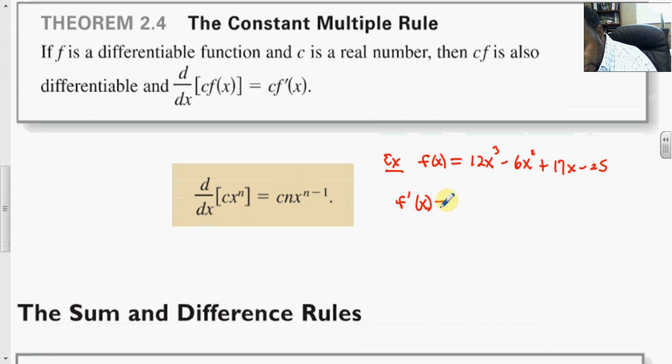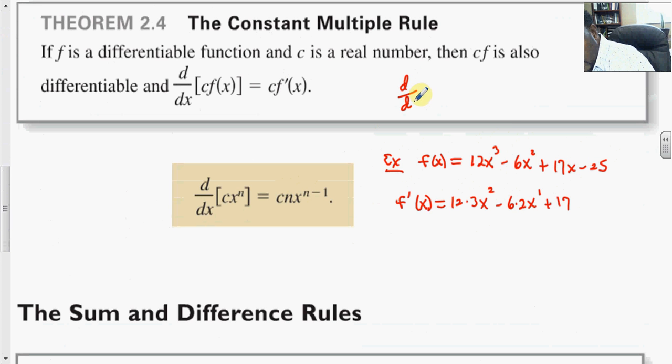So f prime of x is the 12, which is held fixed, that's what they're saying here, times the 3, based on the formula, times x to the 3 minus 1, which is 2, minus 6 times the 2 times x, and this is 2 minus 1, which is 1, plus here the derivative of 17x is just 17, because the derivative of x is 1.